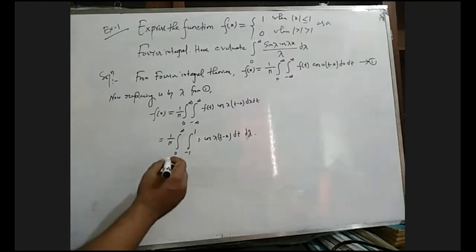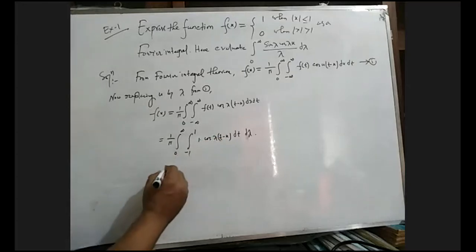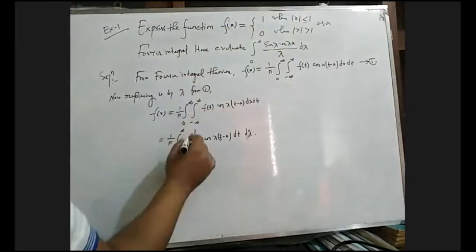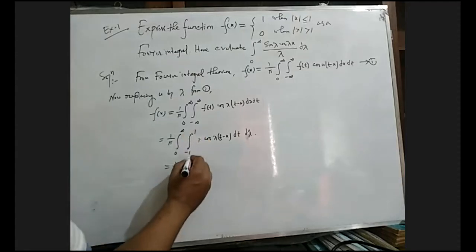Now integrating with respect to dt, 1 by pi, because the t limit is minus 1 to plus 1, and lambda from 0 to infinity.